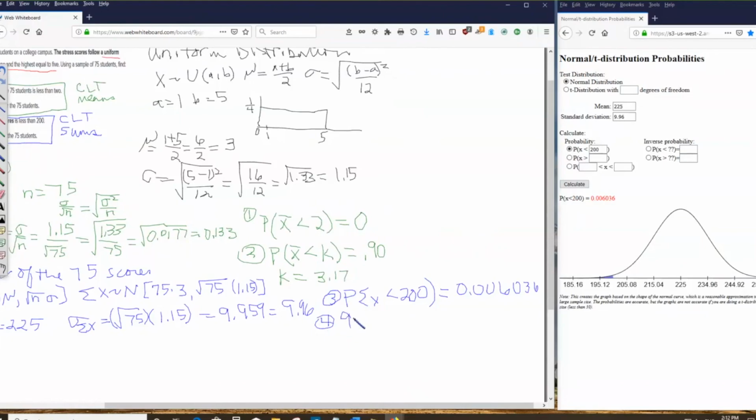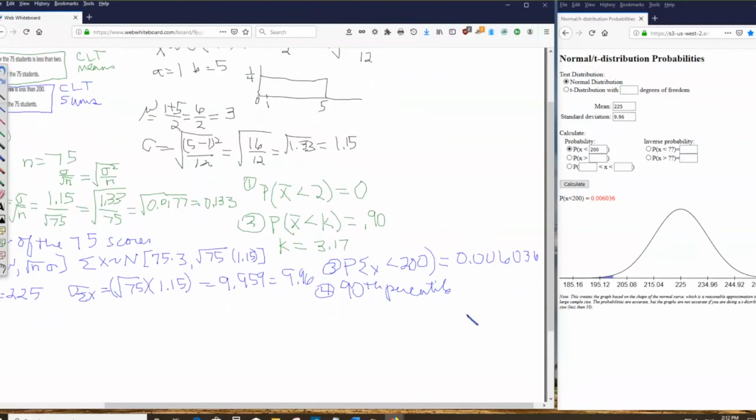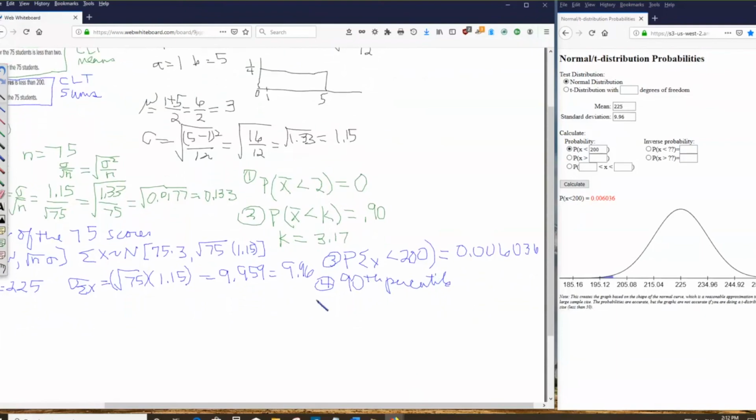So we want to find the 90th percentile. So we're going to take the probability that the summation of x is going to be less than k is equal to 0.90.